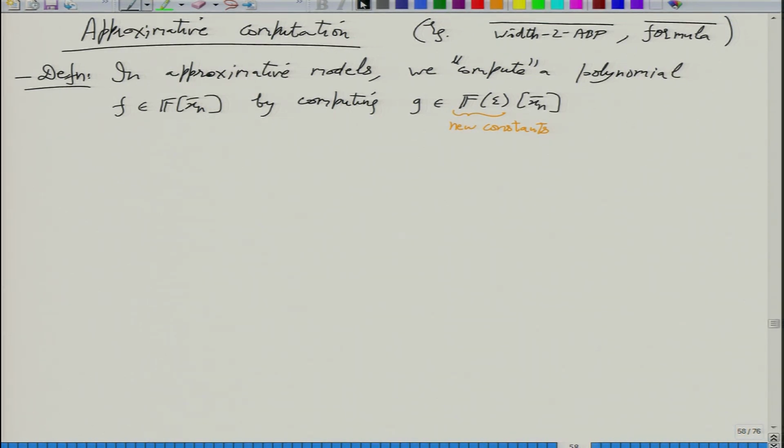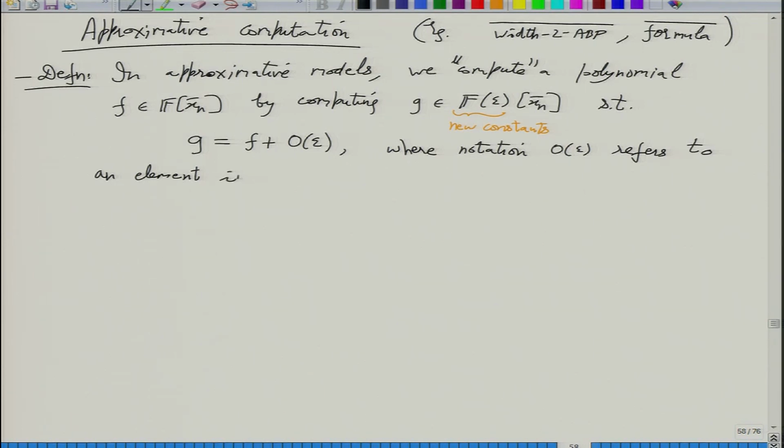Okay, and how should G behave? How will G know f? So G should be equal to f plus big O of epsilon. What is big O of epsilon? We are actually abusing this notation, big O of epsilon, to an element in, it is a polynomial in epsilon and all the variables.